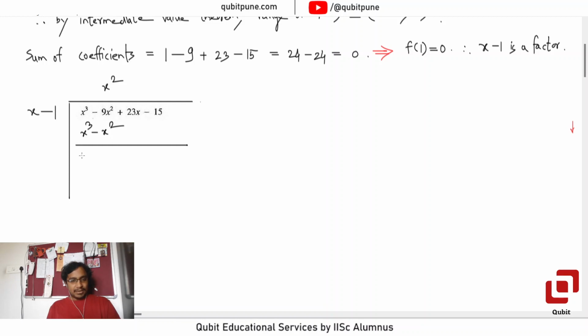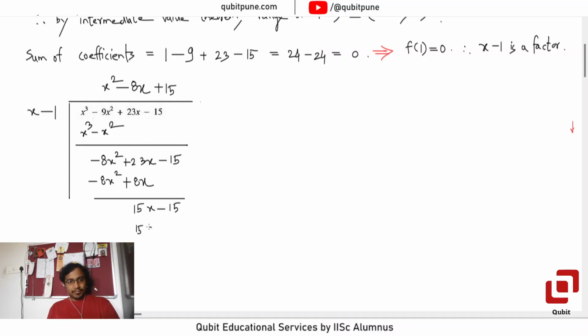Subtracting, this becomes negative 8x squared plus 23x minus 15. Then minus 8x, so negative 8x squared plus 8x. Subtracting again, 23 minus 8 gives 15x minus 15. So we just add 15 here and that will make it 0.